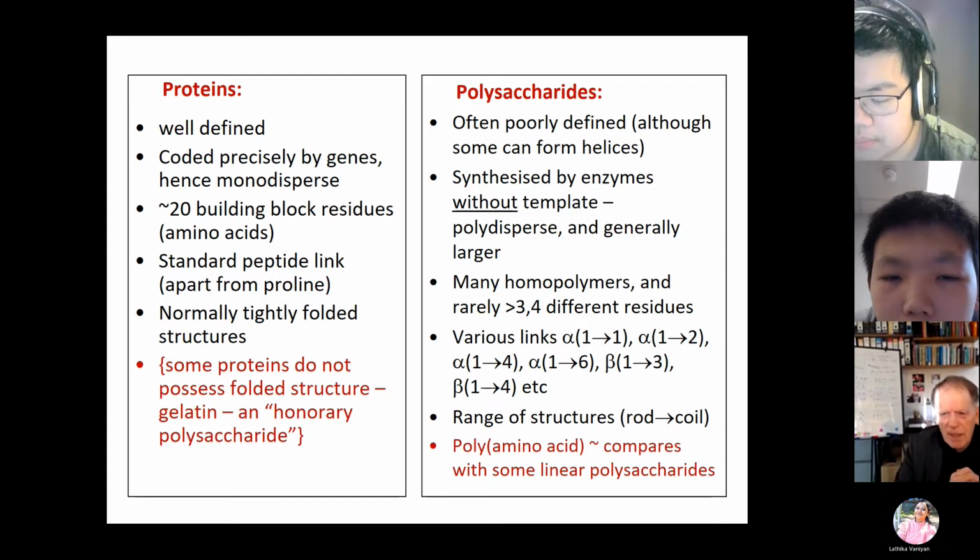And they are synthesized by enzymes without a template, whereas proteins are synthesized by enzymes but coded by the genetic template. So these are very precise structures, highly monodisperse, single molecular weight. These are polydisperse and generally larger.